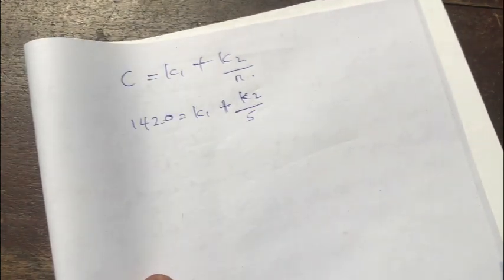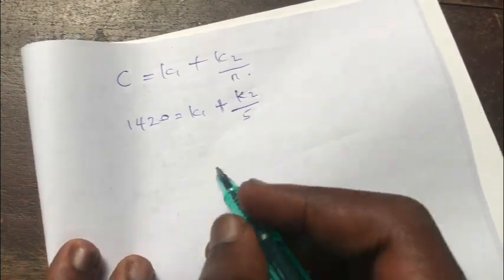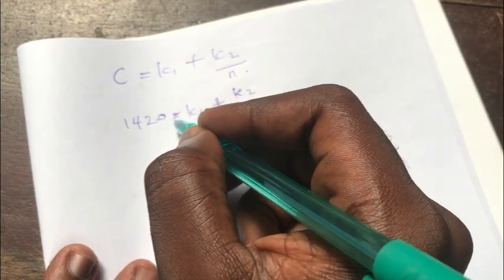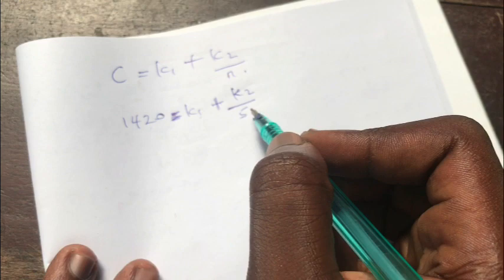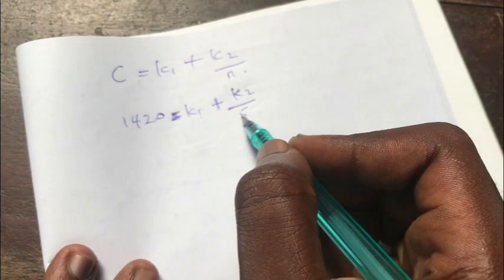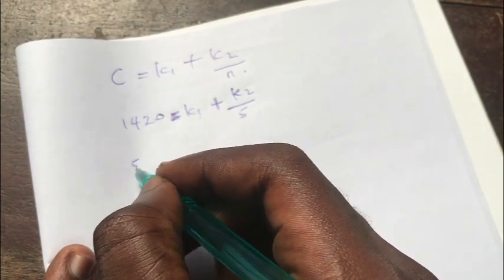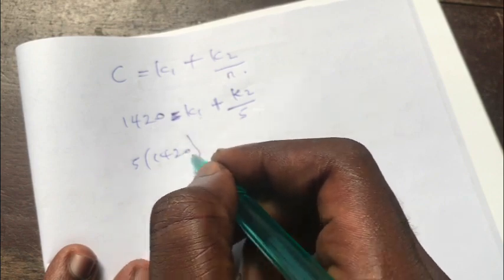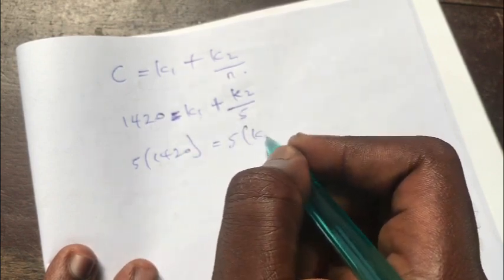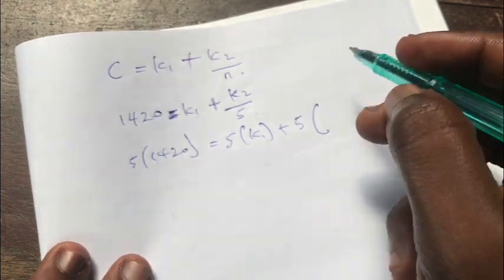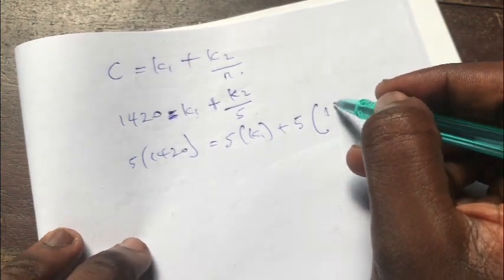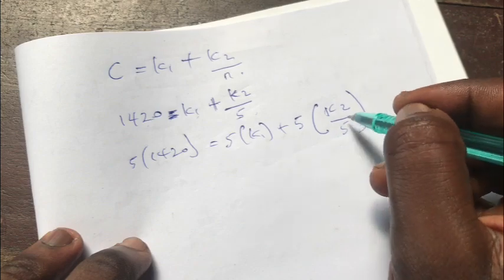Then I'm going to simplify this. So what am I going to do? As we did in the first one, I'm going to multiply all the terms, 1, 2, 3, times by this 5. That's the denominator. So 5 times 1420 equals 5 times K1 plus 5 times this last term, K2 over 5.